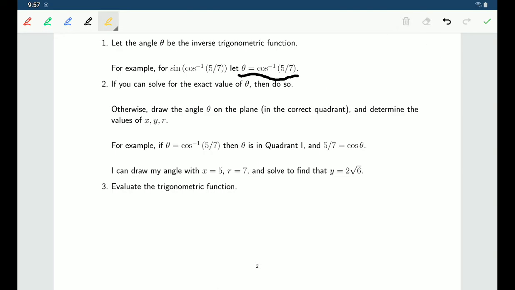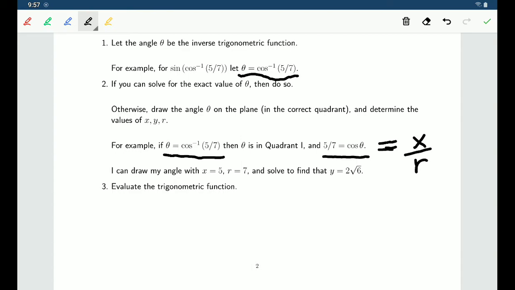Once we've identified that we are in quadrant 1 and we're looking for theta to be cosine inverse of 5/7, that means cosine of theta should be 5/7. Remember how we define things in terms of x's, y's, and r's. Cosine of theta was defined as x over r.